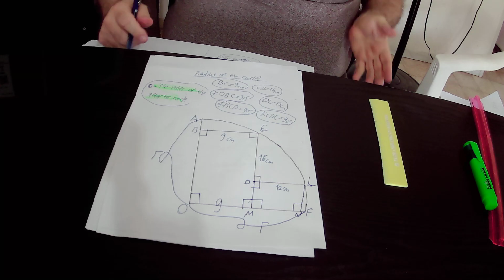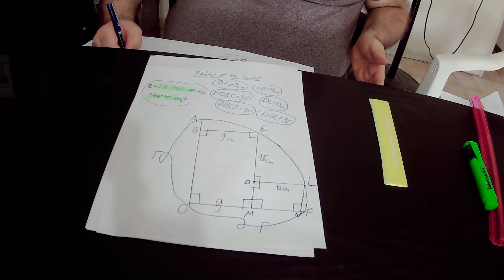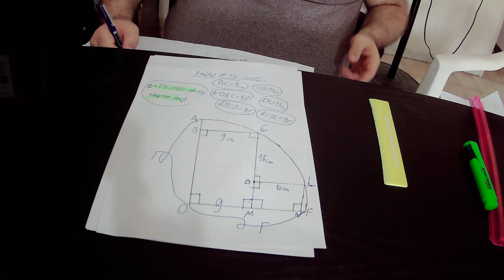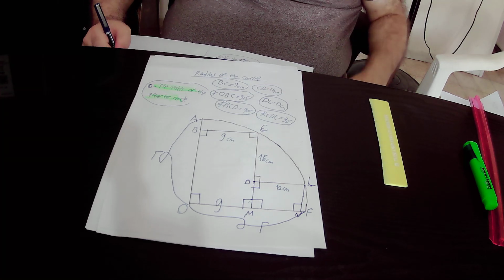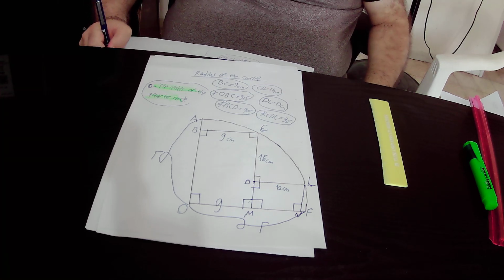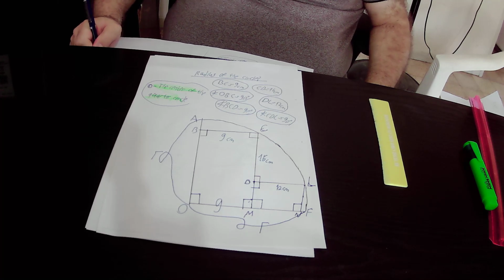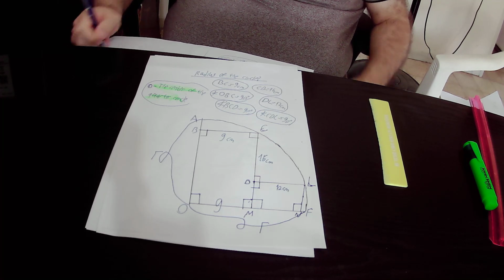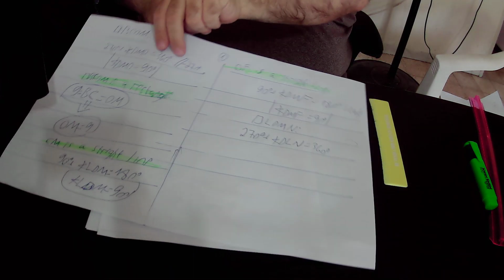And the sum of 3 right angles is 90 times 3, which is 270 degrees, plus the size of the fourth angle, that is actually angle DLN. In total, the sum of those 4 angles must be equal to 360 degrees, according to the rule that the sum of the angles in any quadrilateral is equal to 360 degrees.